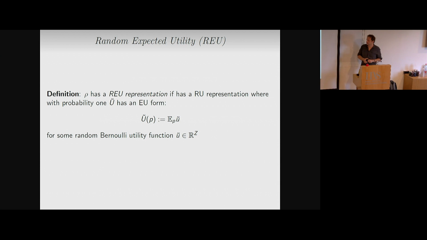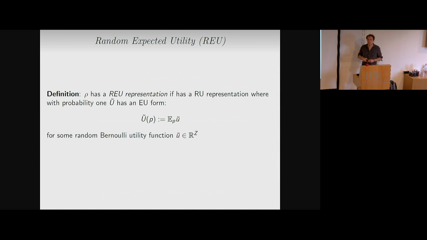Rho is now a stochastic choice function between lotteries. It has a random expected utility representation if it has a random utility representation where with probability 1, the utility function takes an expected utility form.